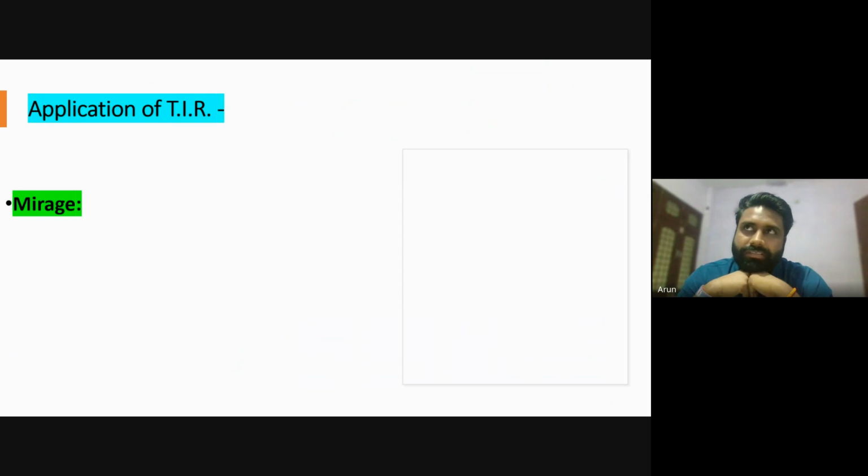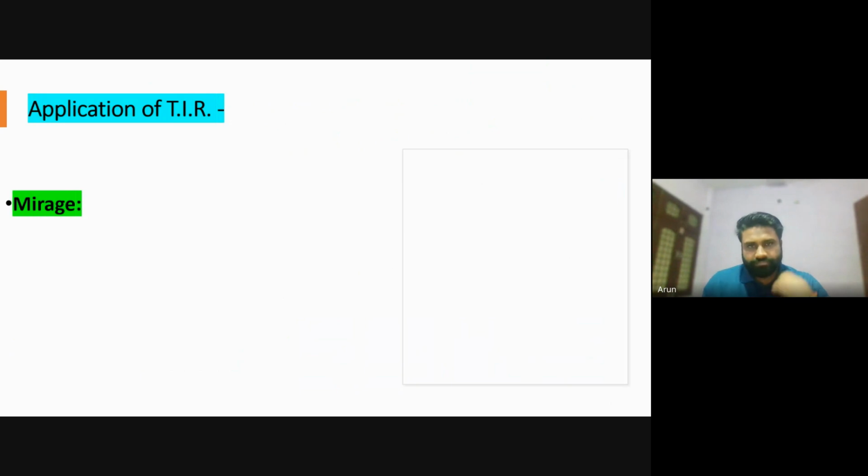A coconut tree does not grow downward from the ground, it goes upward, but for you it appears downward because of the phenomenon of TIR, and that situation is termed as mirage.